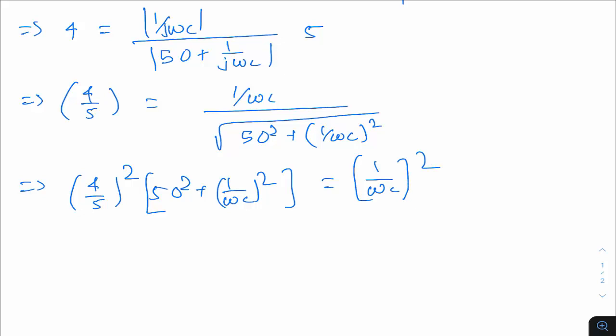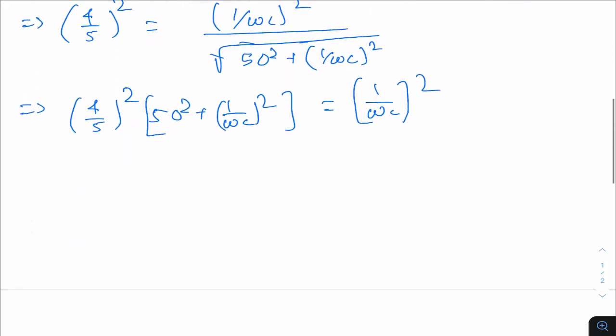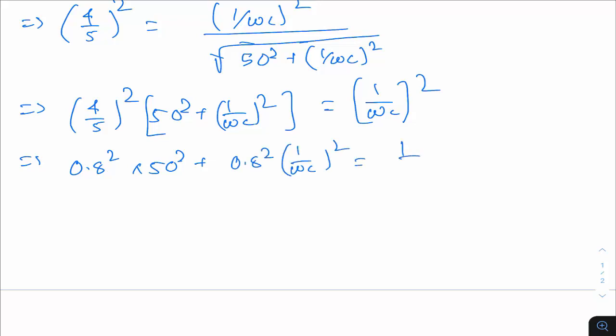If I square both sides, this will be squared, this will be squared, and this square root will go, right? That's what I have written here. Then you can simplify this. So 4 by 5 is 0.8. So 0.8 square multiplied by 50 square plus 0.8 square into (1 by omega C) whole square is equal to (1 by omega C) whole square.